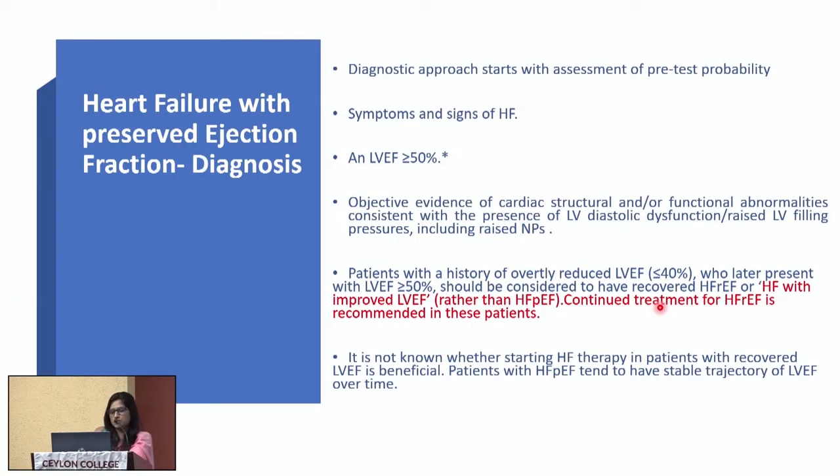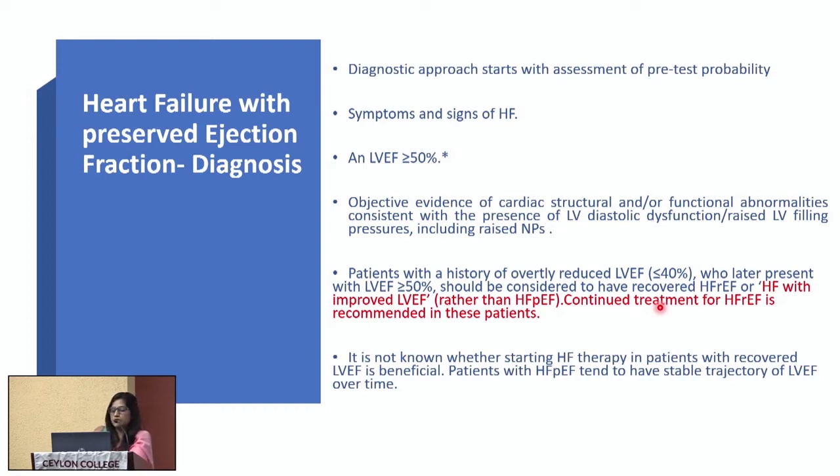That is when the patient has the symptoms and signs of heart failure and the left ventricular ejection fraction is more than 50%. Once again, it's easy for us if we have objective evidence of cardiac structural or functional abnormalities consistent with left ventricular diastolic dysfunction, as well as raised left ventricular filling pressure and raised BNPs.